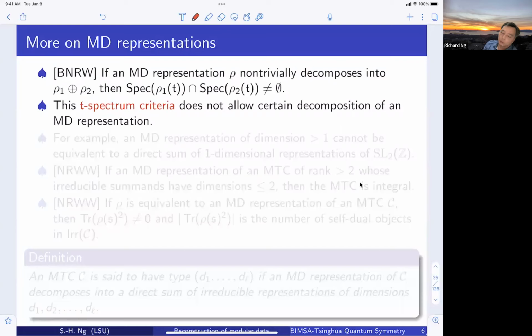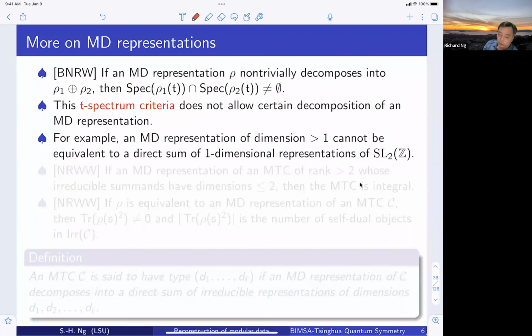So this is the first criterion that needs to be satisfied by the sum of two irreducible representations to be realizable by a modular category. If they don't have any overlap, the direct sum will never be an MTC representation. So one application you can see is: can an MTC representation of dimension bigger than 1 be a direct sum of one-dimensional representations?